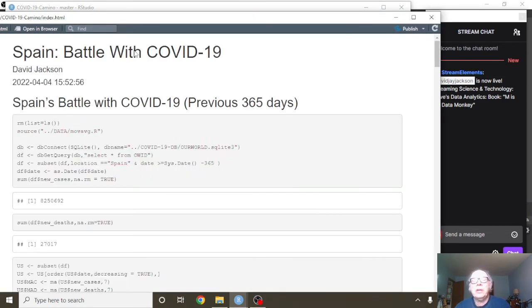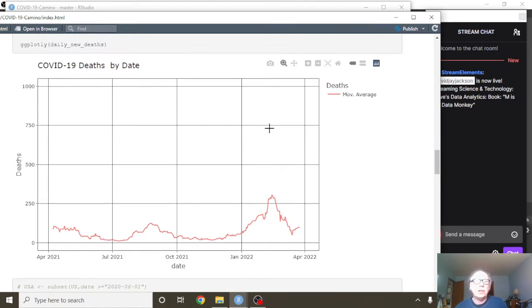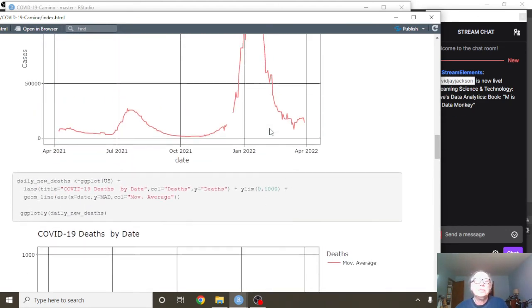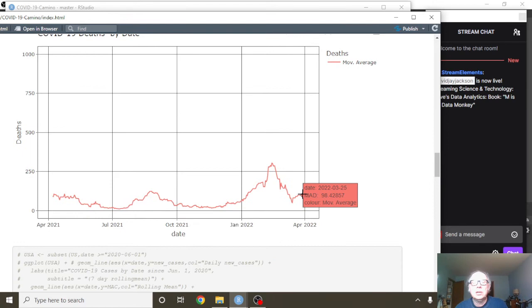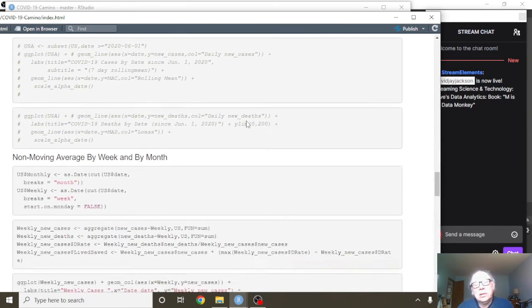So let's see if we get more of the average over here then. So once again, as of March the 28th, you were averaging 14,271 cases per day. And as of March the 25th, you were averaging 98.4 deaths per day. Interesting.